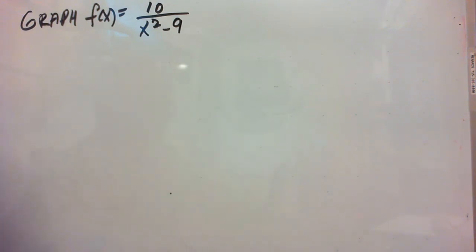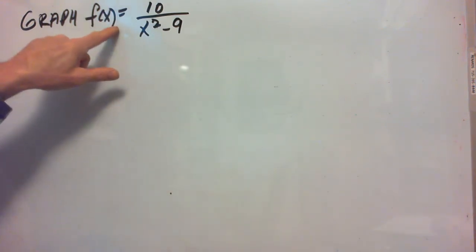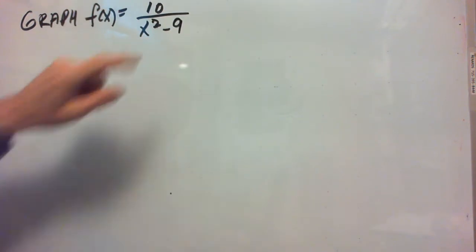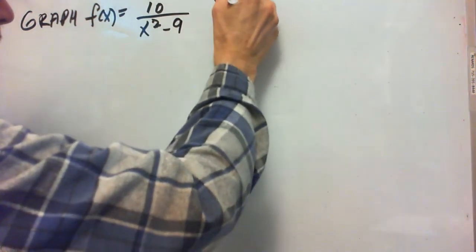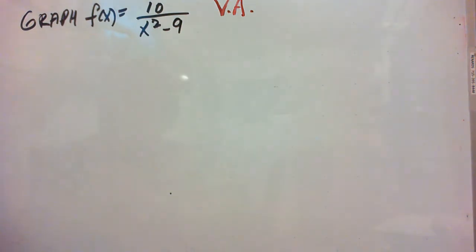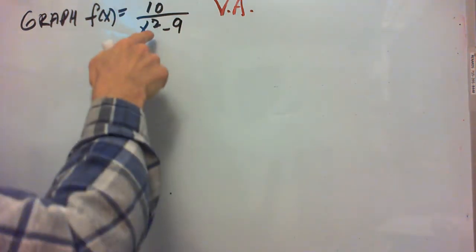Okay, for the next problem, we're going to graph f of x equals 10 over x squared minus 9. Now this one is a little different because when we find the vertical asymptote, there's actually 2 x values that make the denominator 0.